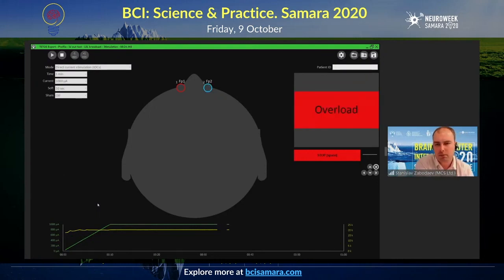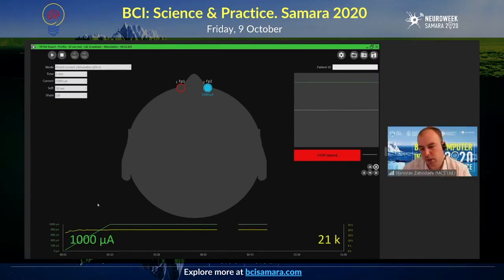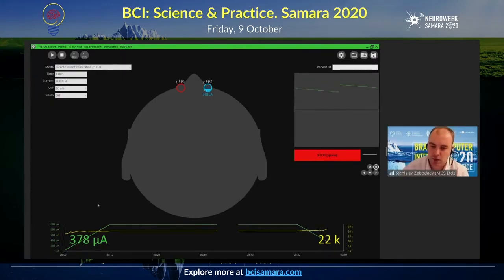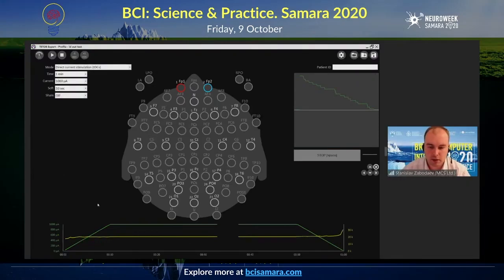If, let's say, there is a break in the electrode connection, the overload alert will pop up on the screen, which is needed to ensure the quality of the procedure. If we're using long-term stimulation, that is absolutely mandatory.